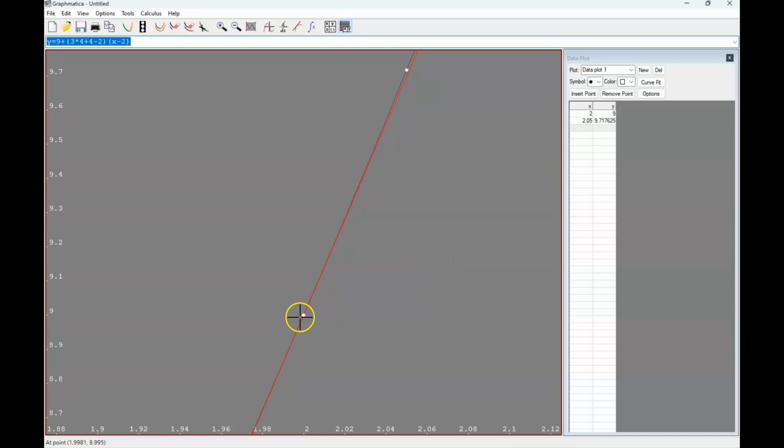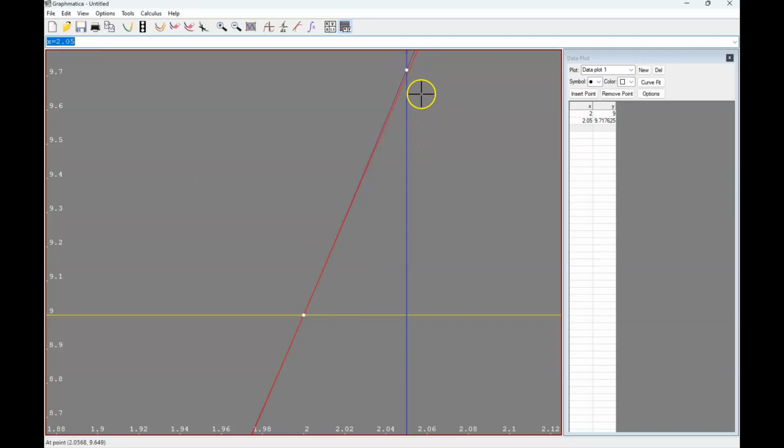All right, so like this spot here, Blake, where we have the horizontal line at y equals 9 coming through here, and I have the vertical line at x equals 2.05 coming through here.